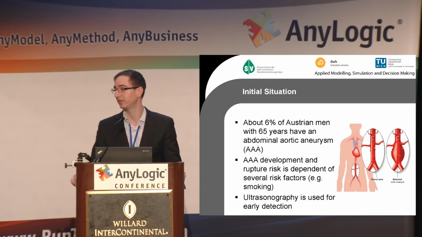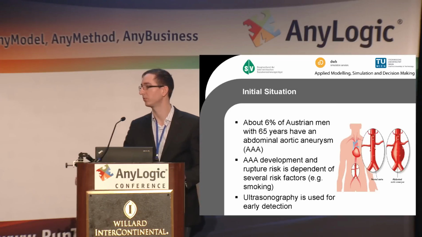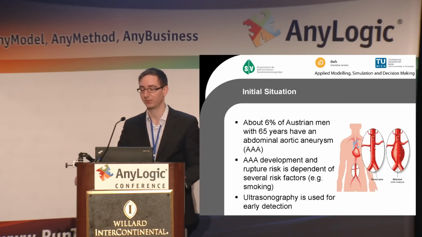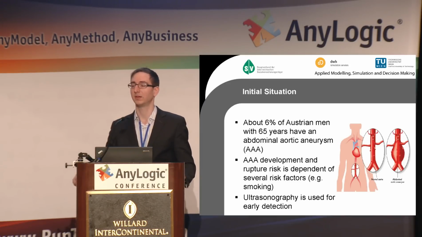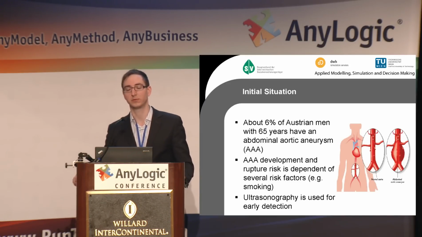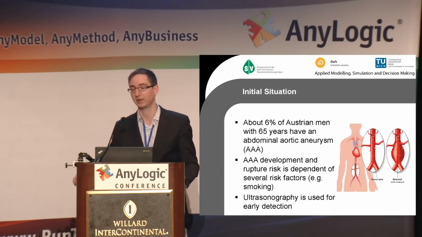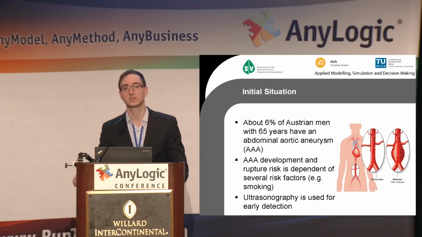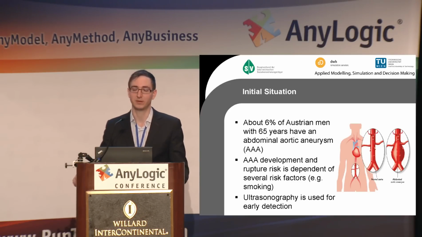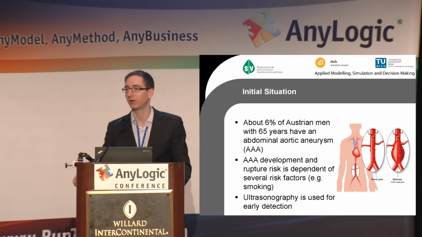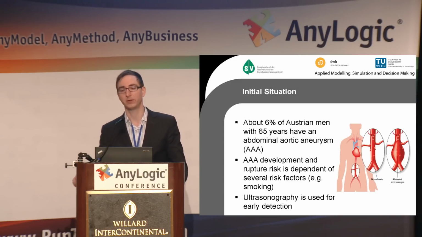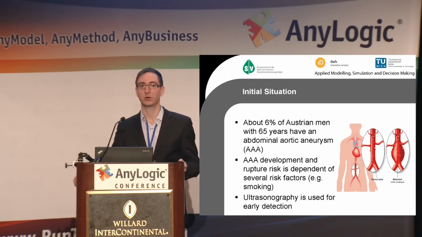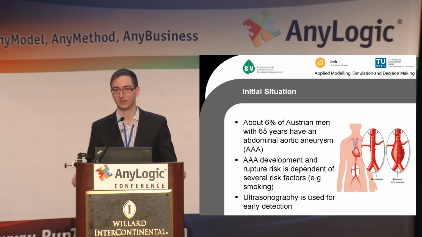Sensitivity and specificity are very high, almost 100% for both. So it's a cheap way to detect it, but it's not routinely performed right now in Austria for the elderly. And the research question was, what would happen in the Austrian population if organized screening for 65-year-old persons was introduced compared to the current practice. Currently, there's just incidental detection.